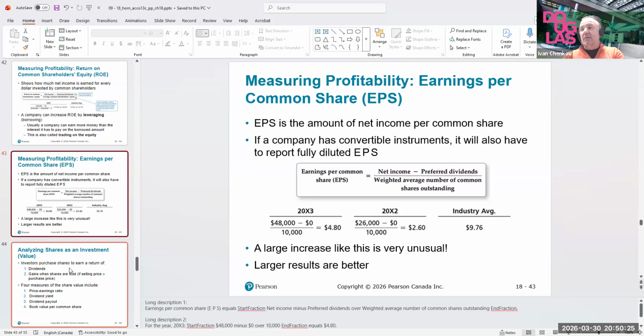So basically, based on when the shares are issued, what's the proportion of the months during the year in which they're outstanding, and you get that number for the entire year. You take the net income minus preferred dividends, though this company doesn't have preferred shares, so there's nothing there. And you can see the industry average earnings per share is 9.76. In our company, the highest one is the current year, 2023, at 4.8.